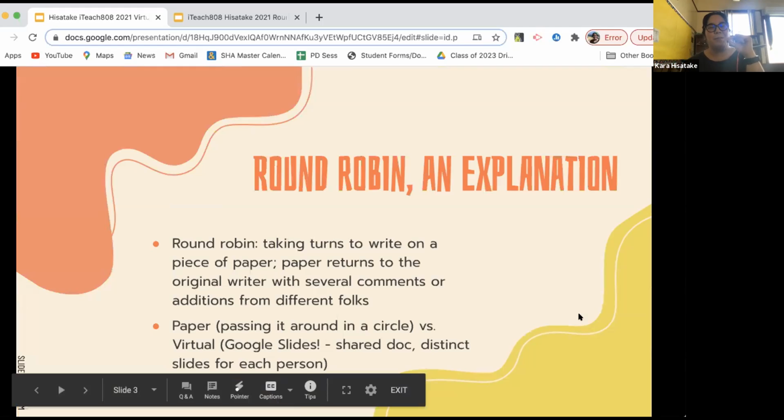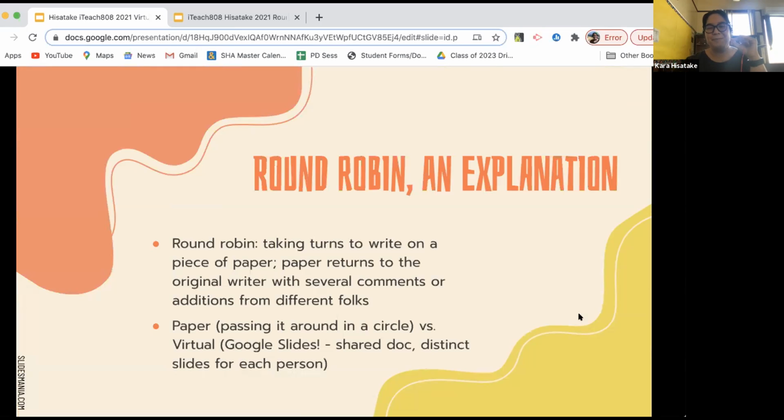So, round robins, what are they? Basically, if we were all in a room together, we would each have our own piece of paper. We would write something on that paper, and then we would pass it on to the next person. Usually we'd be in a circle. That next person would add something onto that piece of paper, and then it would keep going.